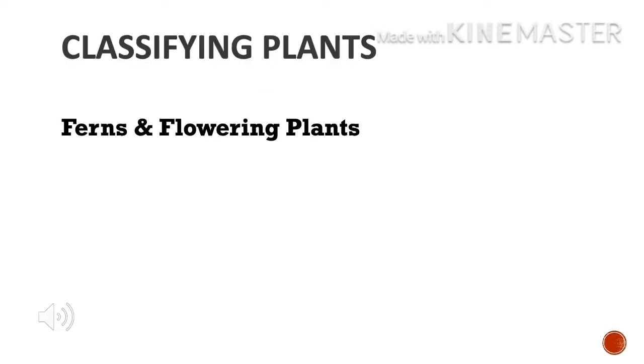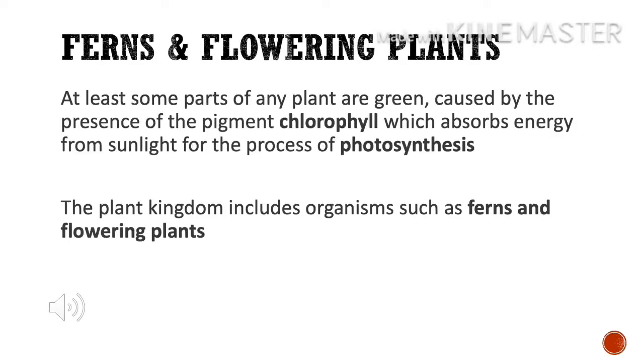Now let's proceed to classifying plants. Ferns and flowering plants. At least some parts of any plant are green, caused by the presence of the pigment chlorophyll, which absorbs energy from sunlight for the process of photosynthesis.